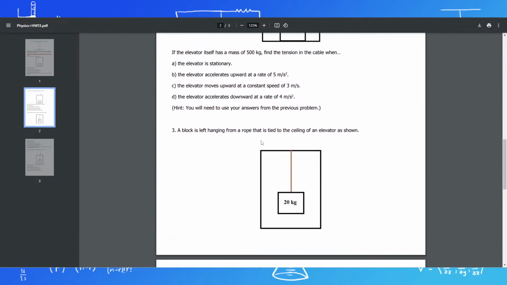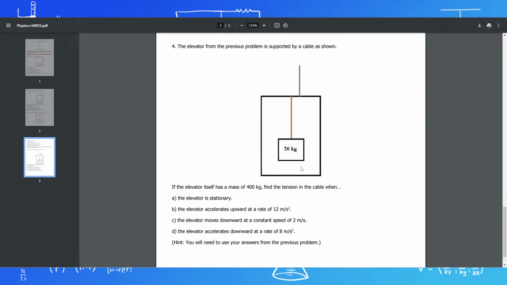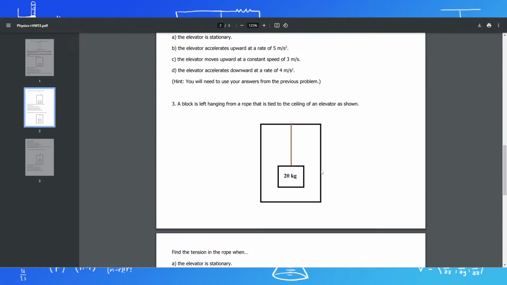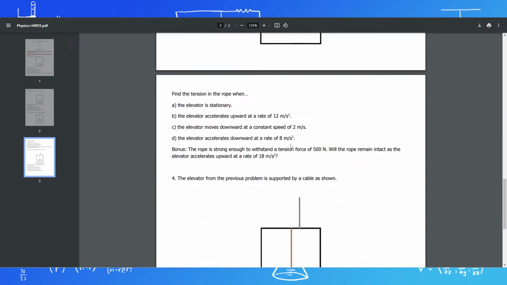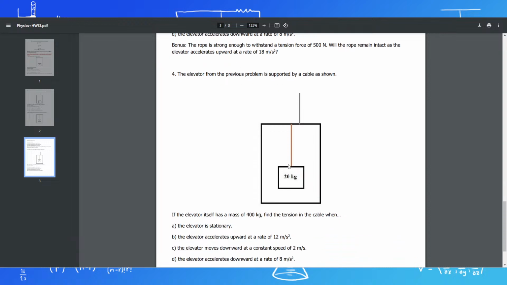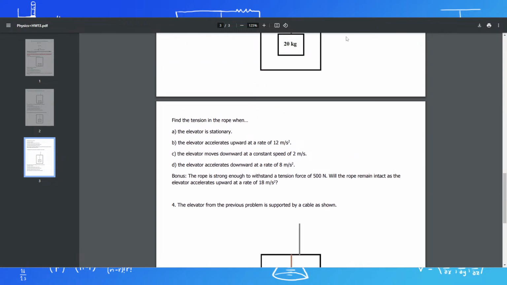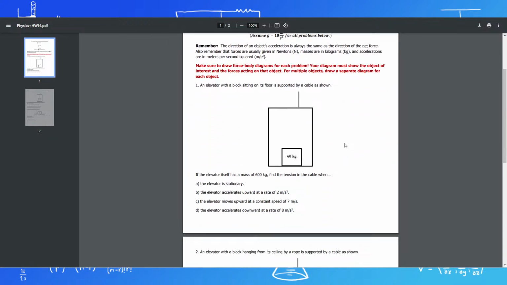They're basically the same thing, except I'm replacing the normal force with the tension force, but otherwise it's all going to work pretty much in the same way, where for problem 3, you'll calculate the tension force needed to get whatever acceleration, and then for part 4, whatever that tension was pulling up on the block, an equal amount of tension will pull down on the elevator. And yeah, it's basically the same problem, except replace the normal force with tension force that essentially has the same function. And then for the next one, you just do it all in one problem.